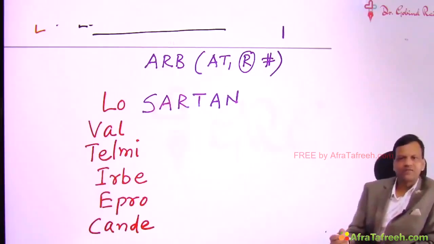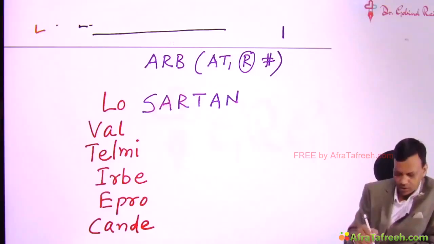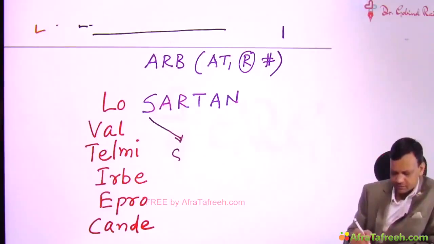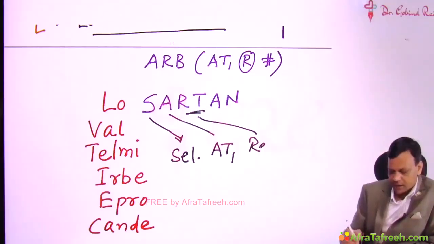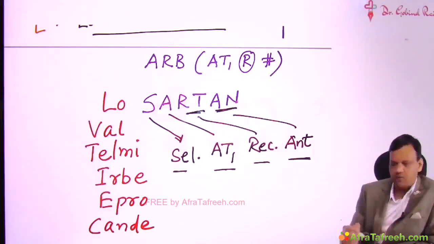You can remember sartan as: S means selective, A means AT1, R means receptor, and AN means antagonist. So sartans are selective AT1 receptor antagonists.